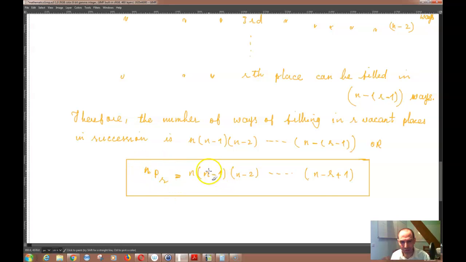The permutation would be n times n minus 1 times n minus 2 all the way up to n minus r plus 1.